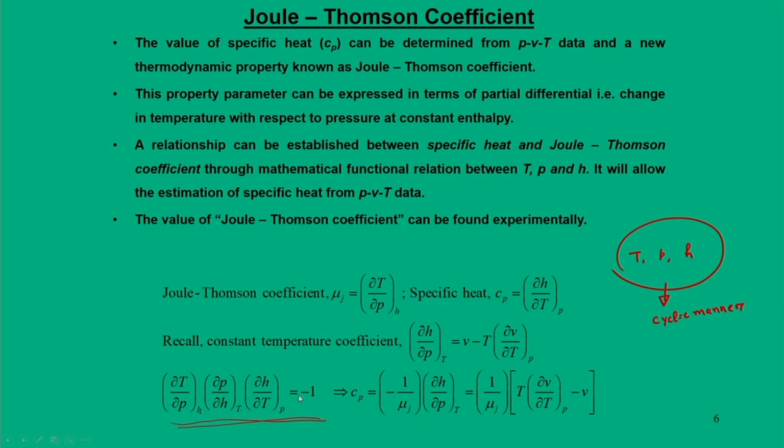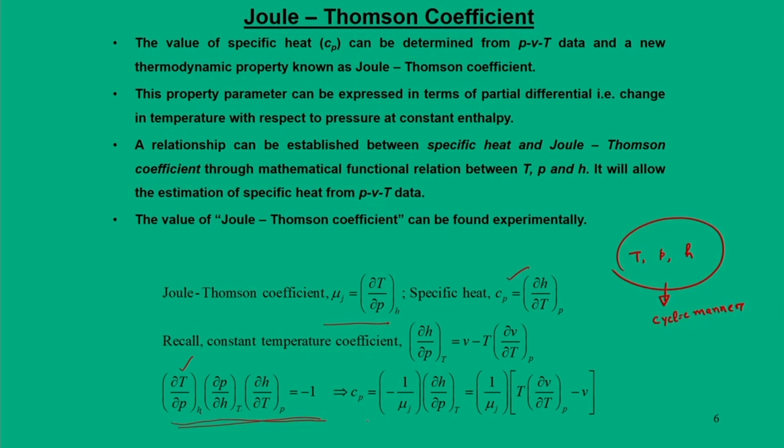In this equation, we have defined dou T by dou P at constant H as mu j. The last term, dou H by dou T at constant P, is known as Cp, and what we do not know is dou P by dou H.